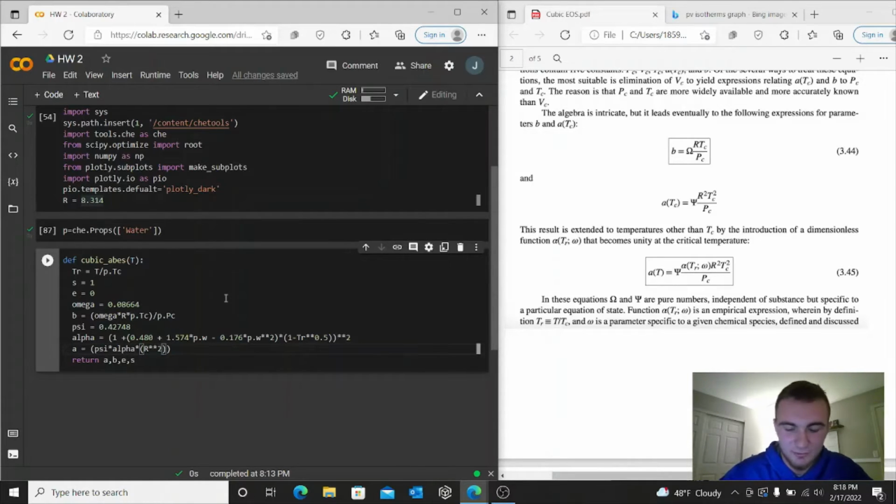We'll put our critical temperature in parentheses as well, so we'll multiply this by the critical temperature Tc, again squared, so raise that to the 2nd power. Okay, and these match up, and this entire expression will be divided by the critical pressure, so we'll do Pc.